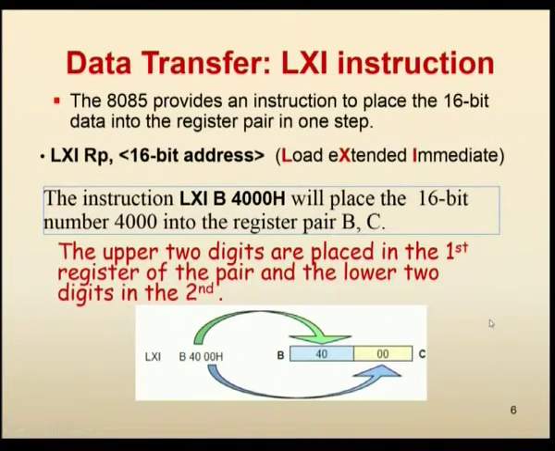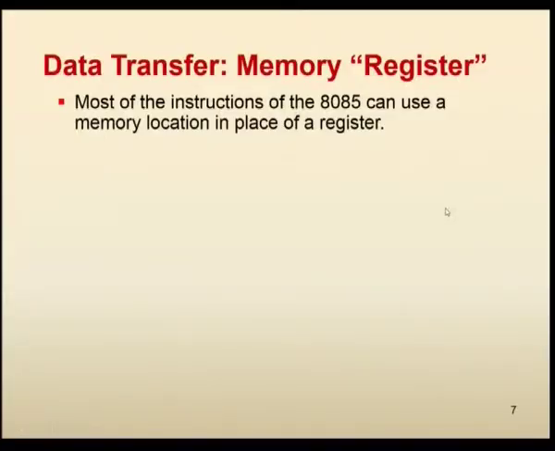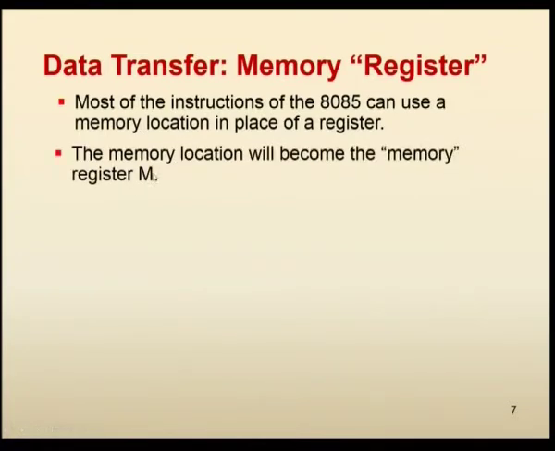Then of course, you can transfer data to the memory also. Memory also can be treated like a register, and then you can transfer data from memory to register or register to memory. In that case you have to mention the address of the memory or the location number of the memory. We use the symbol M to represent memory.